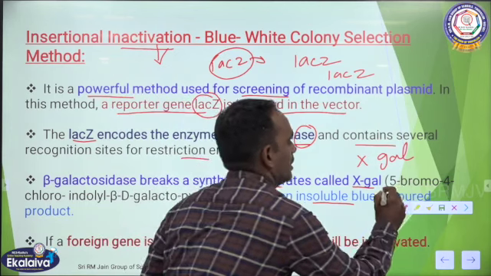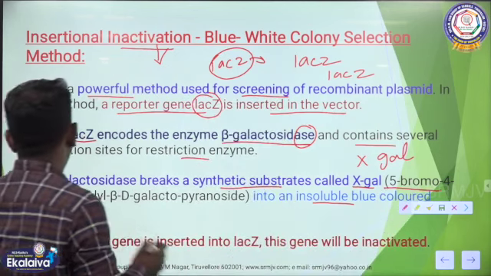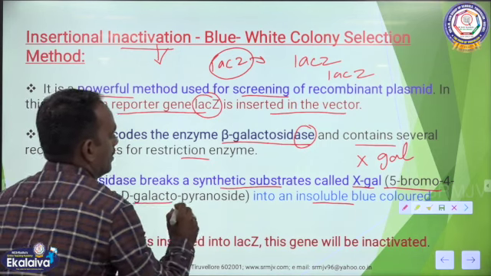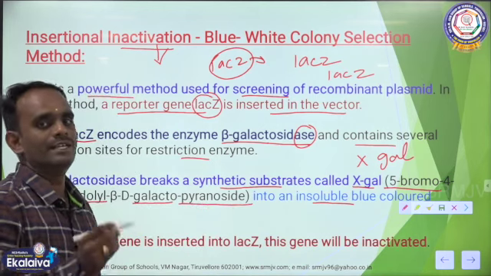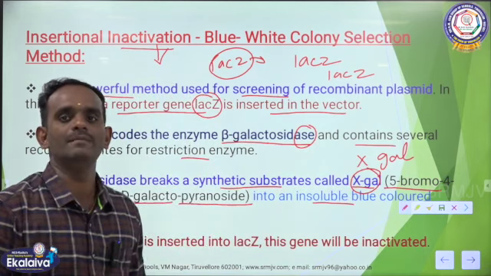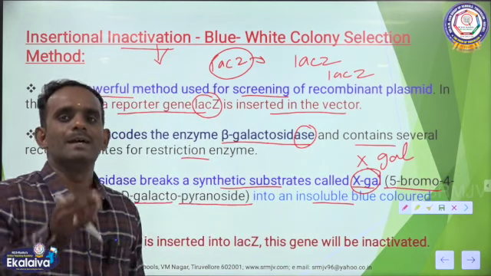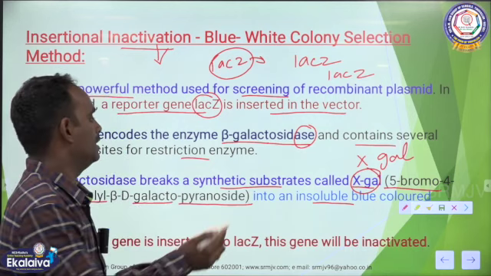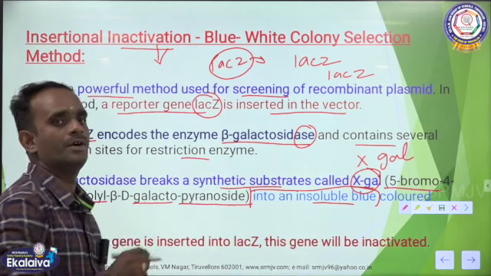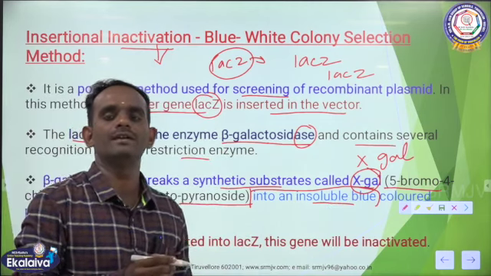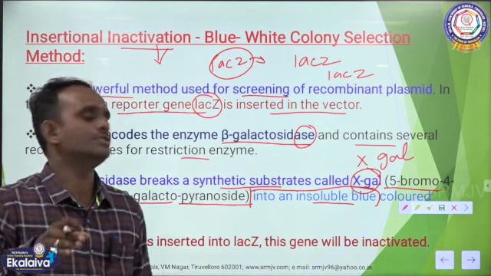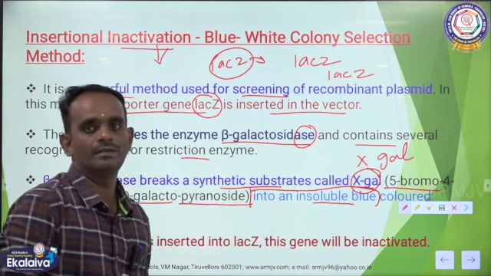It is 5-bromo-4-chloro-indolyl-beta-D-galactopyranoside. In short, it is called X-gal. So what does this enzyme do? Beta-galactosidase breaks X-gal into an insoluble blue colored product. Very important.